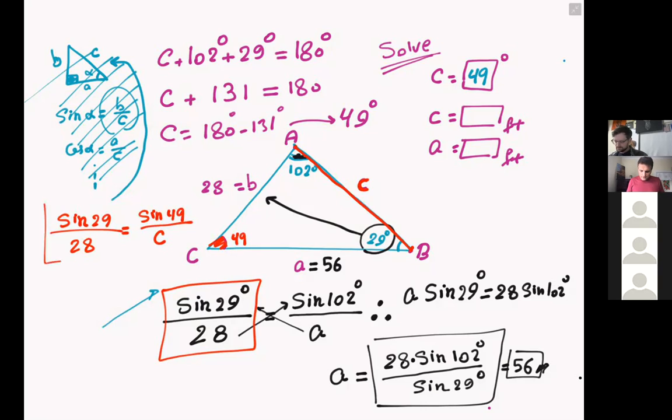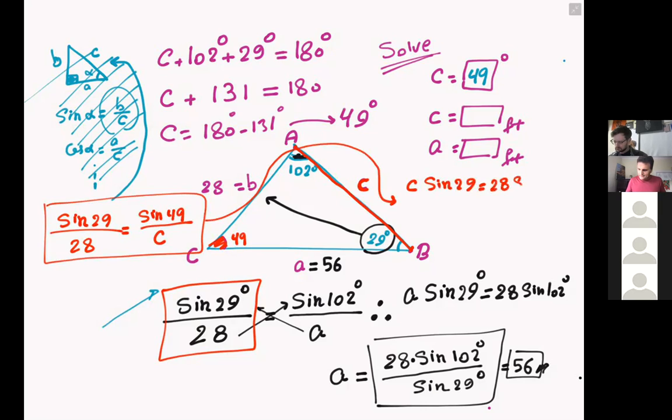So I'm going to cross multiply. We're going to have C sine of 29 equal to 28 sine of 49. I divide by sine of 29 on both sides. Our C will be this guy.